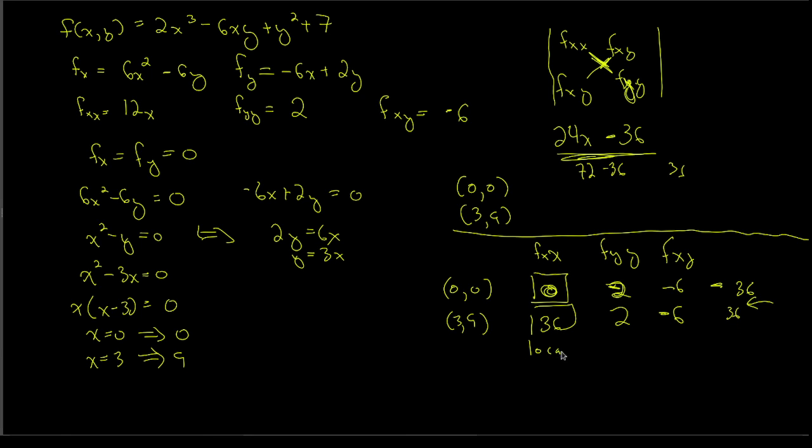So this is a local minimum at 3, 9. At 0, 0, the Hessian is less than 0, and so this is a saddle point.